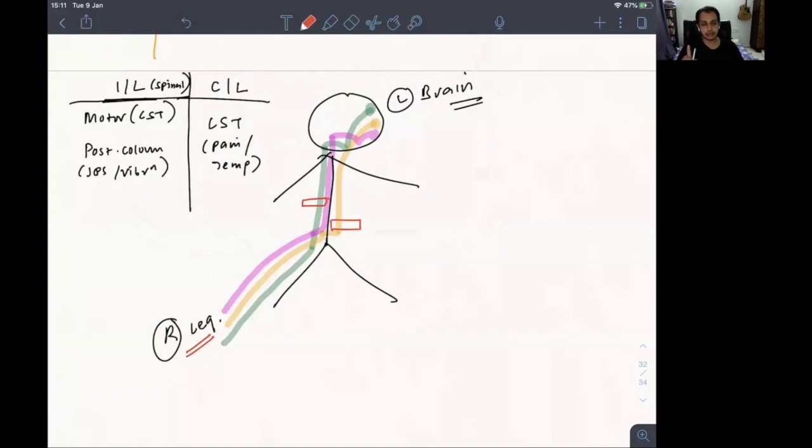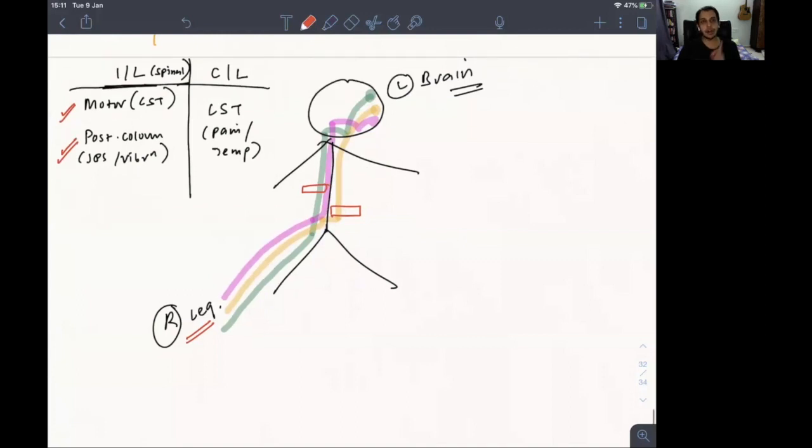Okay, is this clear? Or should I explain this again? So these are the three main tracts to remember. And your motor tract and your posterior column are both ascending on the same side. They will cross over in the medulla. So as far as the spinal cord lesion is concerned, they are ipsilateral, whereas your lateral spinothalamic tract, so your pain and temperature, is contralateral.